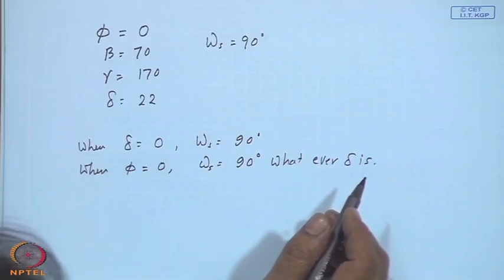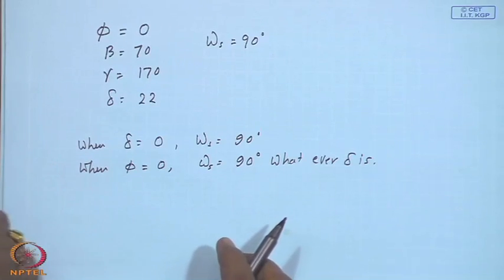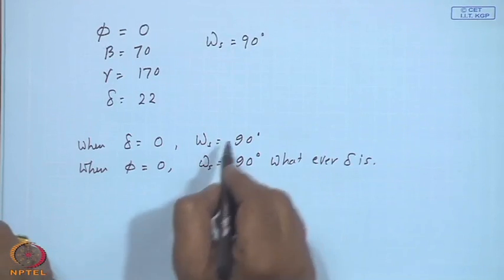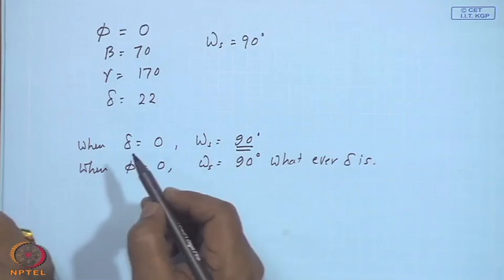So, you have the sunset hour angle to be 90 degrees on the equator and on the equinoctial date, whatever is the latitude.